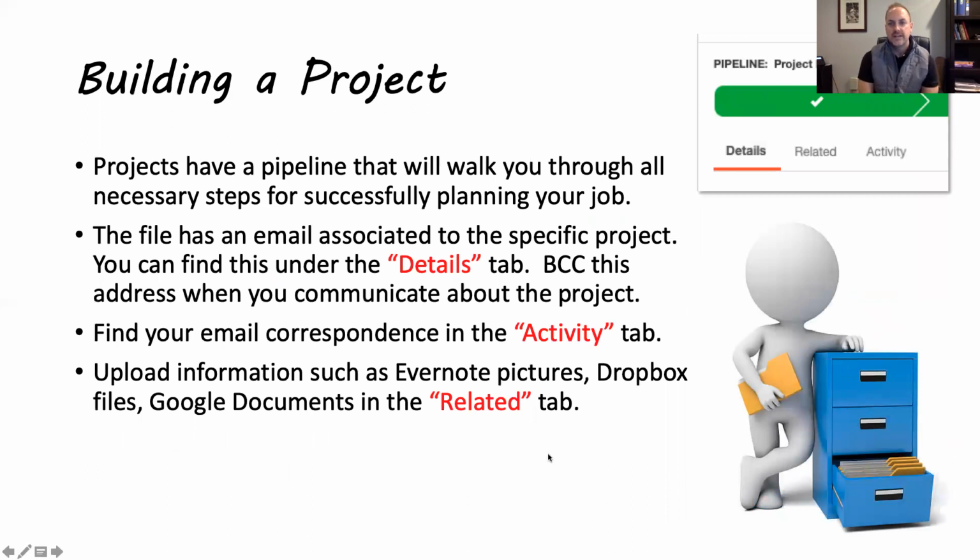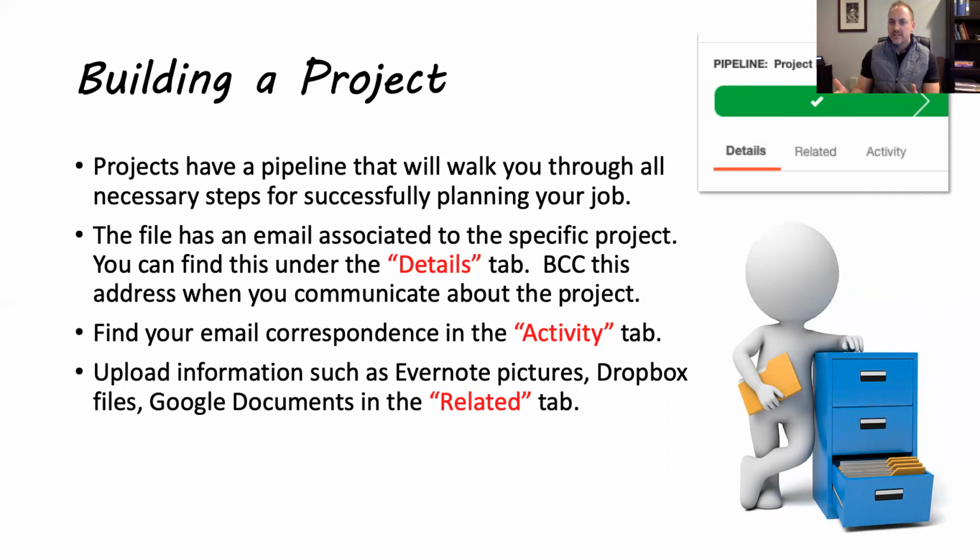Then you will have a project built, and just as there is a pipeline within the opportunity, there's a new pipeline for projects. The pipeline for projects is going to take you all the way from, I have my purchase order, now my next steps are get it scheduled, drop off WIPs, make sure that my work order's done.